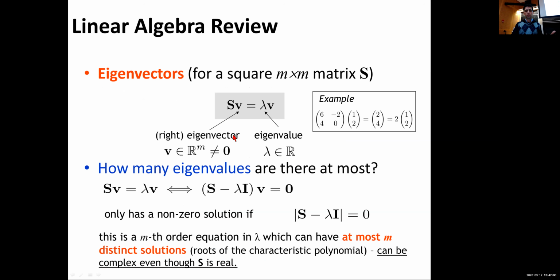And very simply, an eigenvector of a matrix is a vector such that multiplying that matrix and that vector together effectively gives me a linear scaling of that vector.